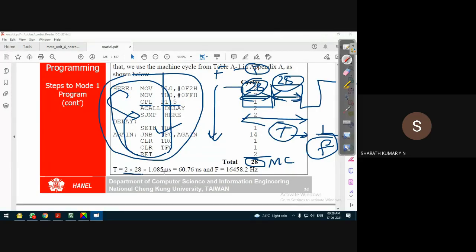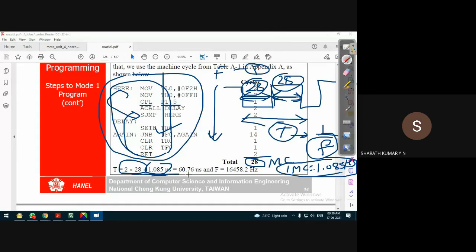So the total number of machine cycles is 2 into 28. The time period of one machine cycle is approximately 1.085 microseconds. We multiply 2 into 28 because the program is run twice, into 1.085 microseconds.